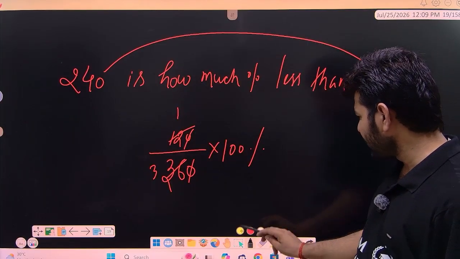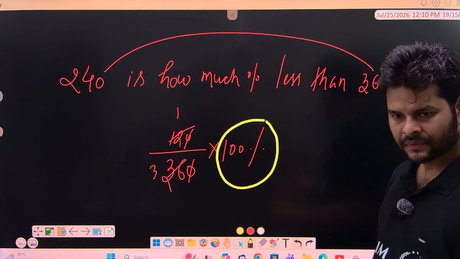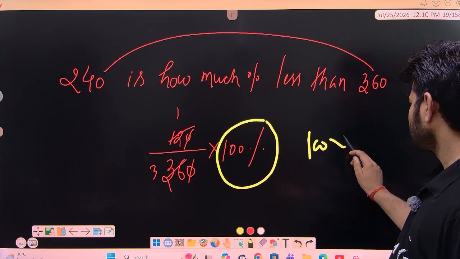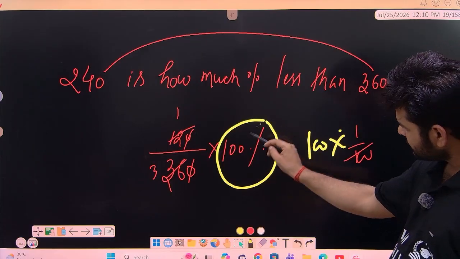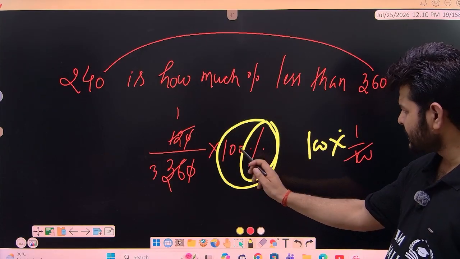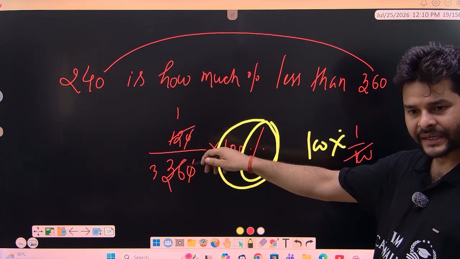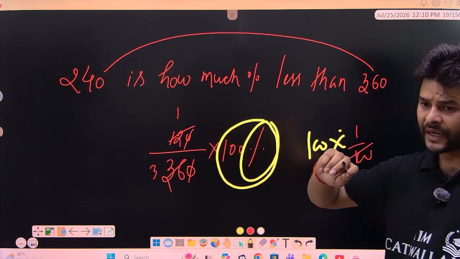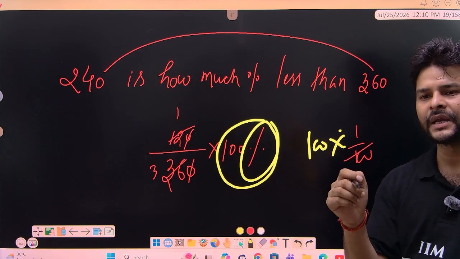You need not calculate that one, because 1 by 3 is what percentage? So what is the value of 1 by 3 in percentage? 33 whole 1 by 3, or 33.333.